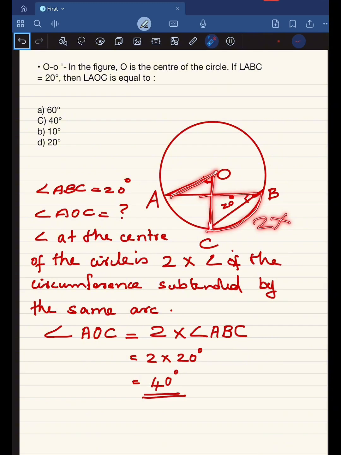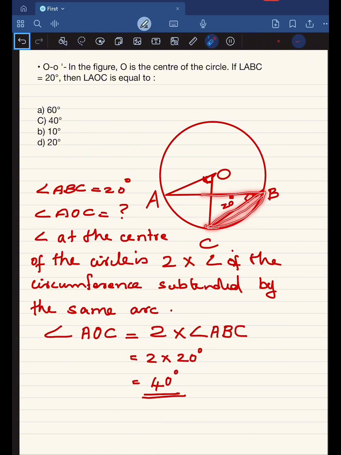This angle lies on the circumference of the circle, right? So from this theorem, angle AOC, that is the angle at the center of the circle, is equal to twice the angle at the circumference subtended by the same arc. Which is that angle? This angle.